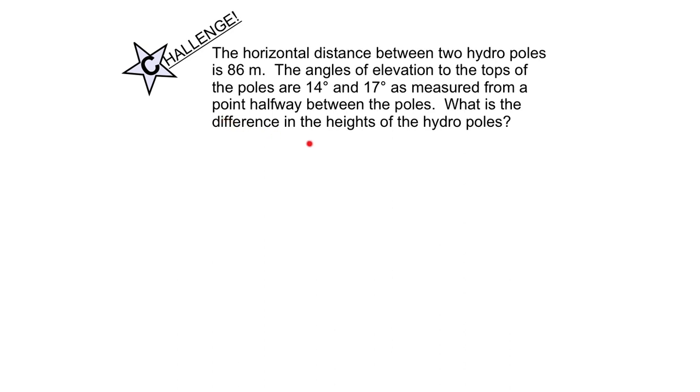What is the difference in the heights of the hydro poles? So I've got the final answer on the screen, but I'm not showing any work on how to get to that final answer. If you're up for the challenge, you can either by yourself or with a partner try to work through this problem and see if you can get the same thing that I did and challenge yourself. See if you can do it.